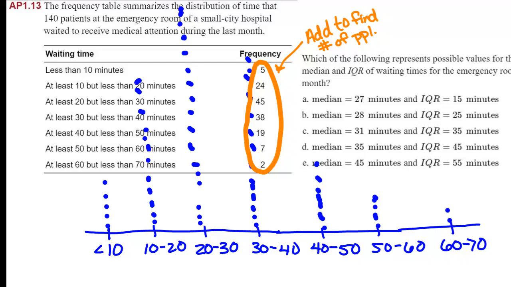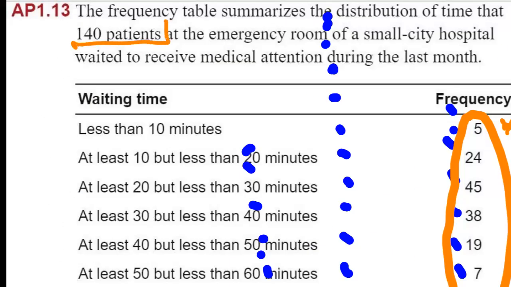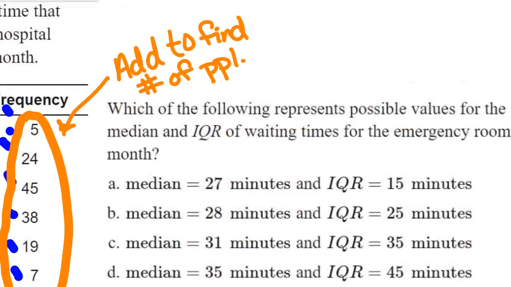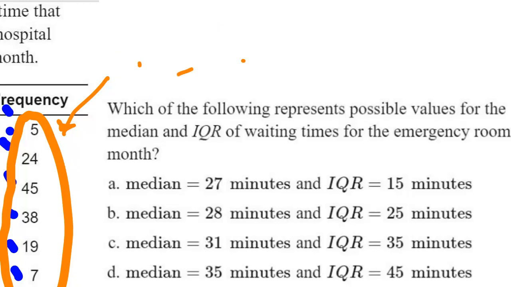So 5 plus 24 plus 45. Never mind, it says 140. I'm not going to waste my time here. 140 patients. So the median would be the 70th person, right? Between the 70th and the 71st, since we've got 140. Median is half.